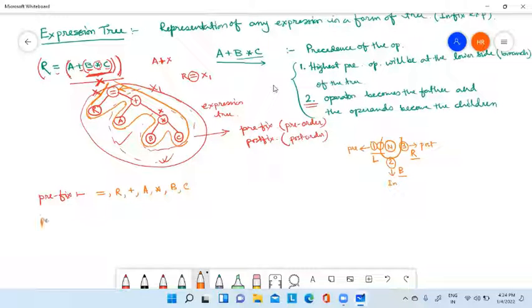Okay, this is the prefix. Now what is the postfix? Postfix is when I'm visiting it from the right hand side. So first r will come, r, then a.